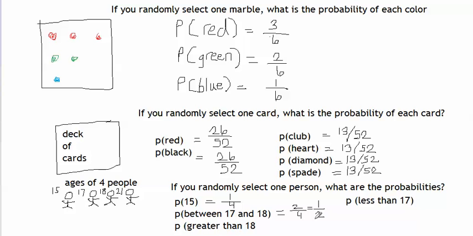Greater than 18 would be, well, 21 is the only one that's greater than 18. None of the others are greater than 18. So it's 1 out of 4. If I had said greater than or equal to 18, it would have been 2 over 4, because that's 18 and 21. Less than 17, 15 is the only one that's less than 17. So it's 1 out of 4.